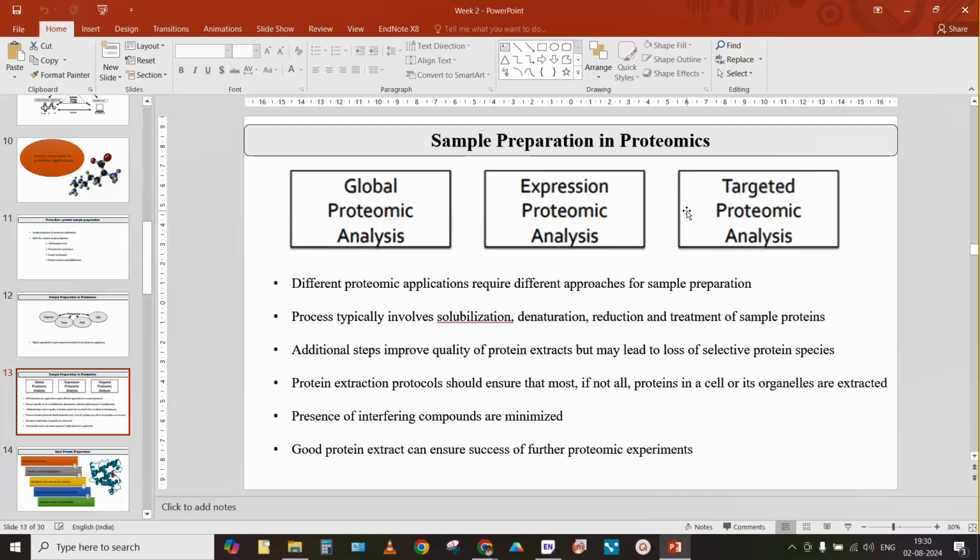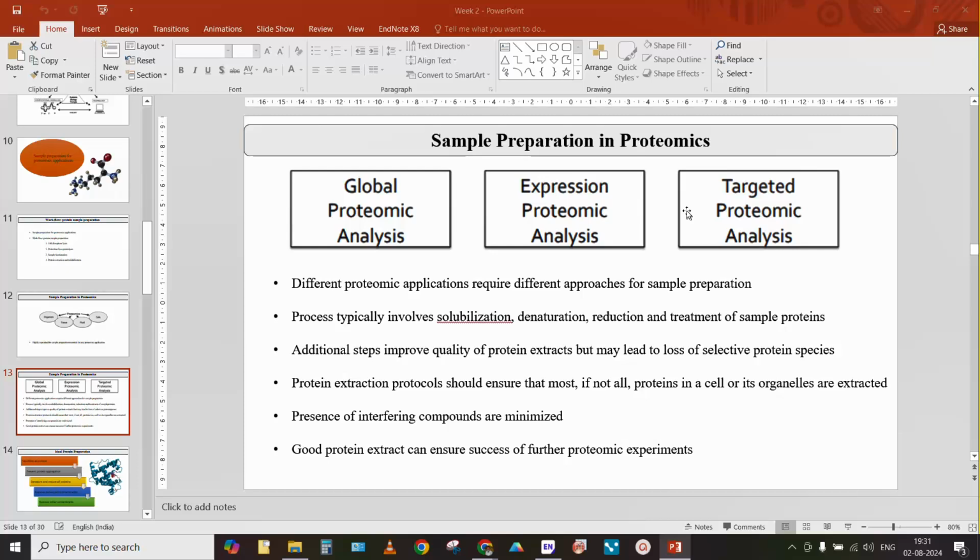And the last one is targeted proteomic analysis. If you are very focused on a given organelle or a given sample type, often you would like to know what is happening in that particular proteome. For example, the mitochondrial proteome. So one needs to try different types of strategies. When thinking about sample preparation, what is your objective? Whether you want to do global profiling or expression profiling, in either case you need to extract all the proteins present in that particular target sample.